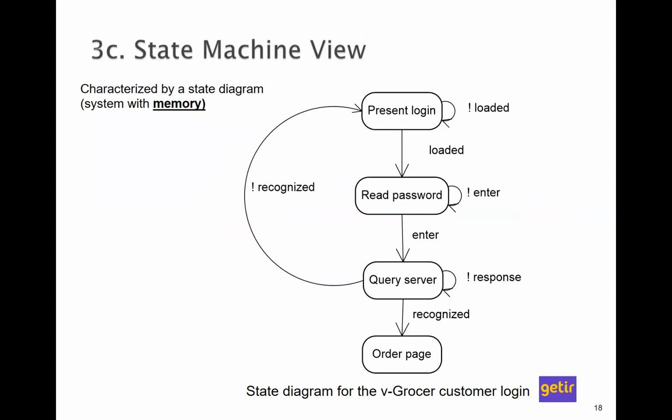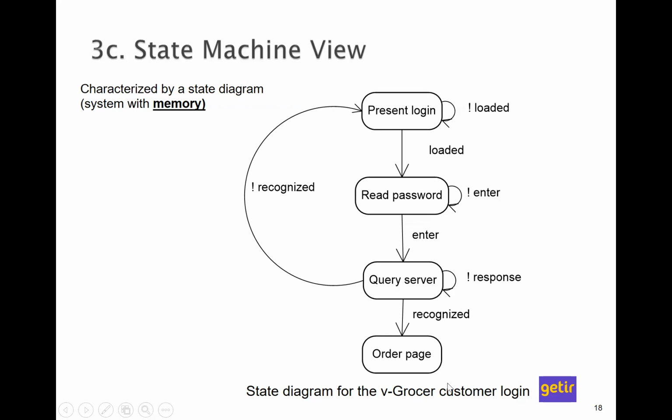The next system view is state machine view, characterized by state diagram. We have already shown state diagram in previous slide. If we have a system with memory, then the diagram here you can see an example. State diagram for the grocery getter customer login.